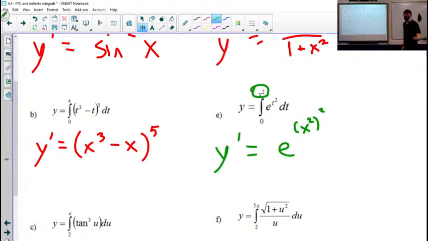And then because we have an x squared in the bound, we need the chain rule to multiply by the derivative of the inside part. The derivative of x squared is going to be 2x.